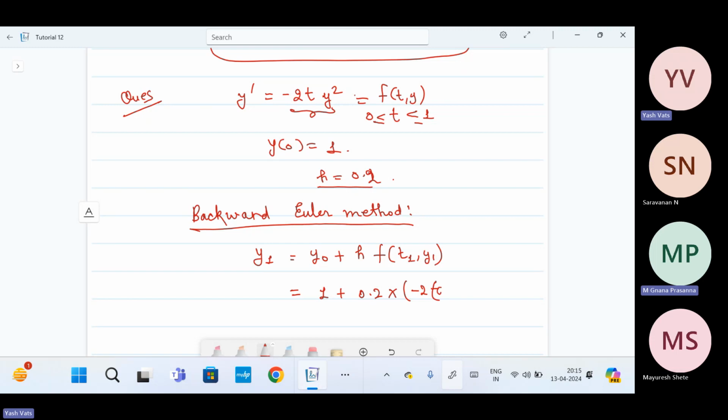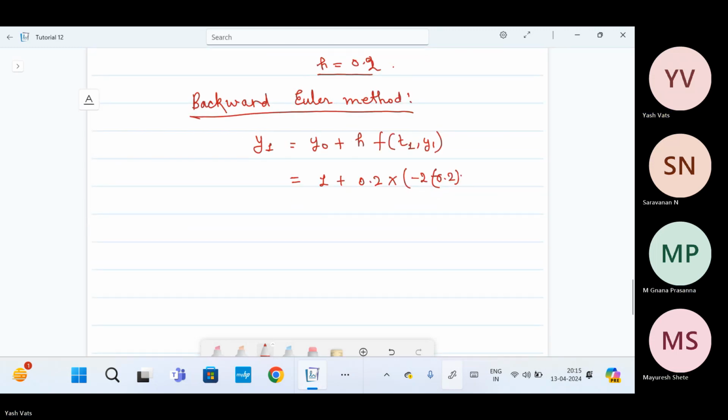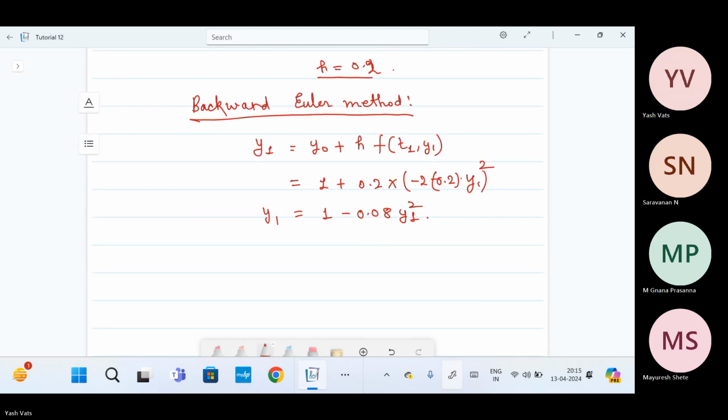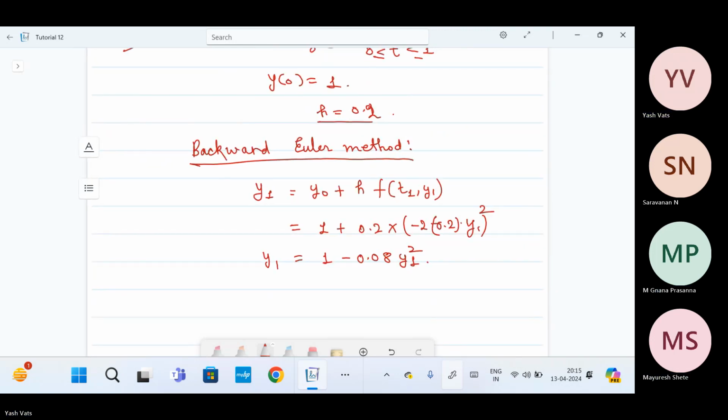I just write 0.2. And y1 is? We don't know y1, right? So y1 is, what is it after solving? 0.04, 0.08. Sir, this is y1 square. Now the function is minus 2t y1 square. Okay, it's y1 square, right? Yeah, it's fine now.